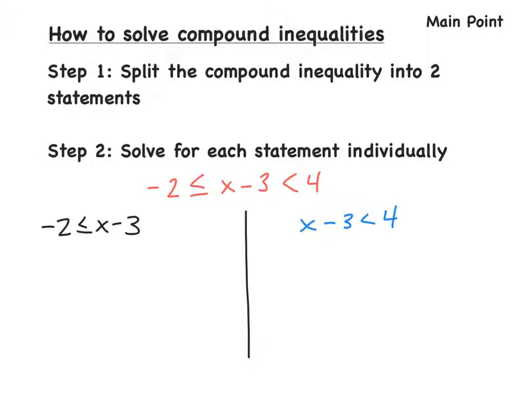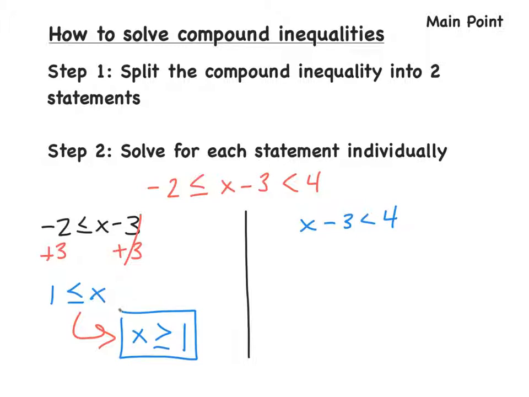So that's step 1. Step 2, basically just solve for each statement individually. So when we do this, to get x by itself in the first one, we have to add 3 to both sides. So 1 is less than or equal to x. But remember that the x has to be on the left side. So I'm going to change that to x is greater than or equal to 1.